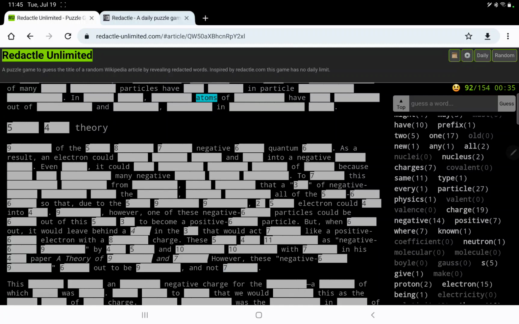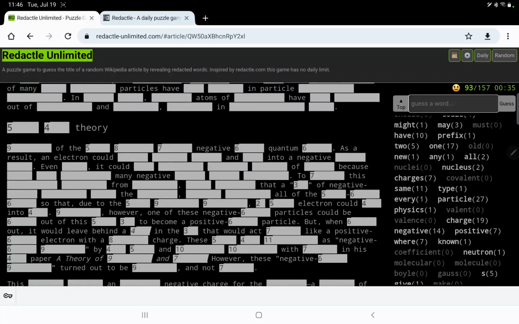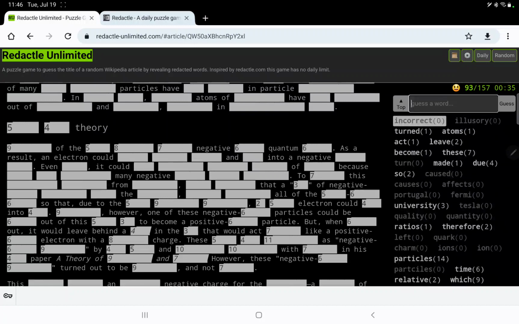However, the negative something turned out to be something and not. So illusory, incorrect. No, turned out to be something and not real, not something.